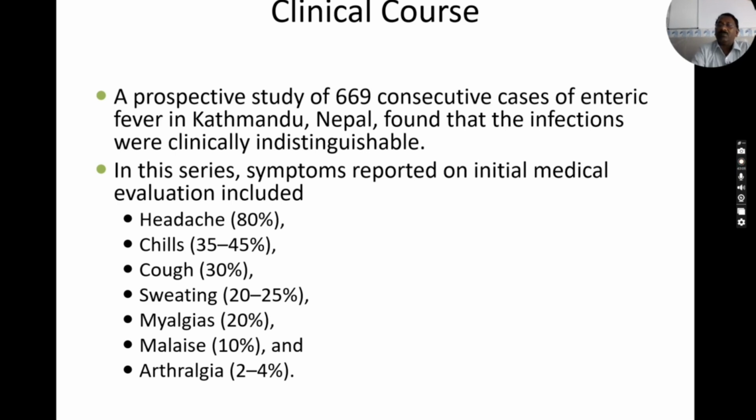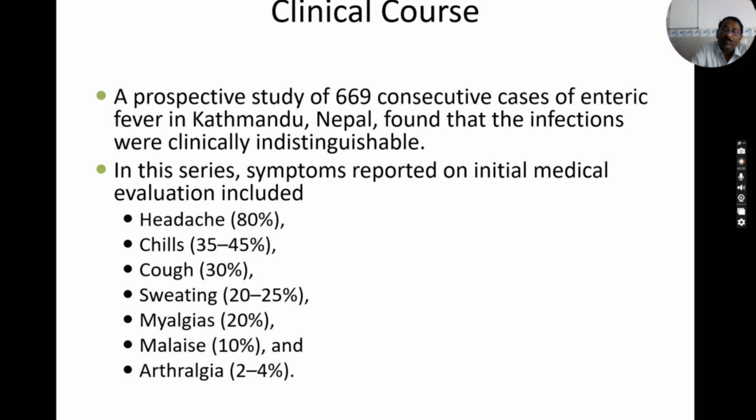See here the percentage of the symptoms in some cases. Headache in about 80% of the cases. Chills and rigors, a classical example for malaria or sepsis, etc., 35 to 45%. Dry cough in 30%. Sweating, 20 to 25% of the cases. Myalgias, 20%. Malaise, 10%. Arthralgia, 2 to 4%.